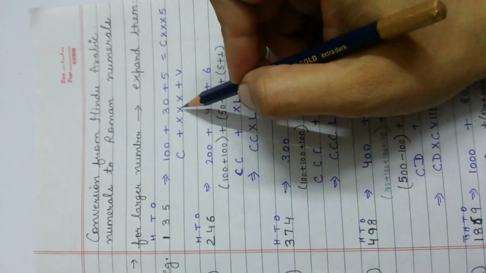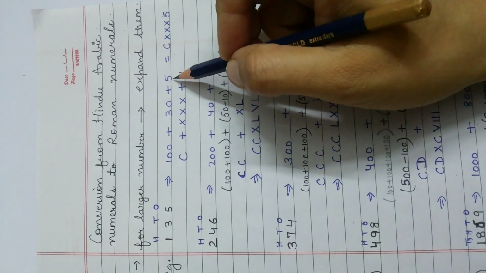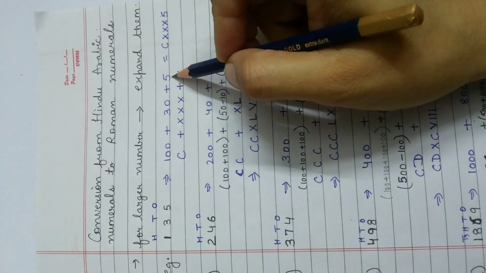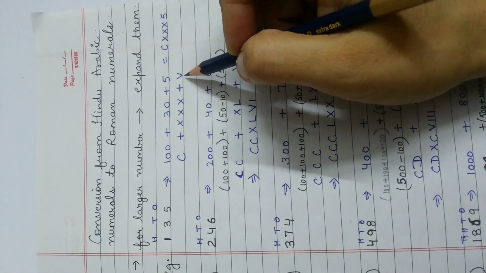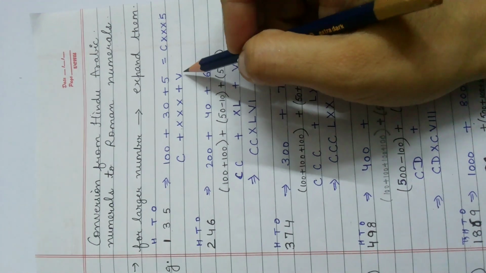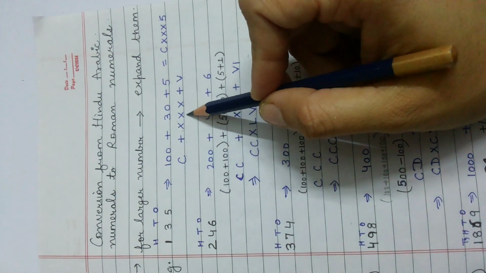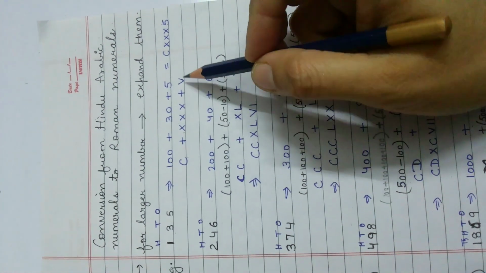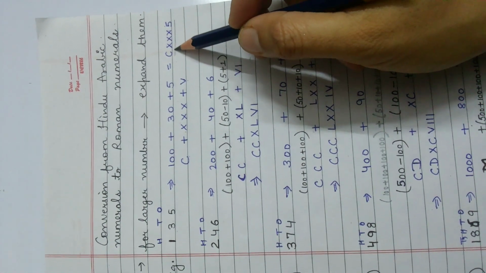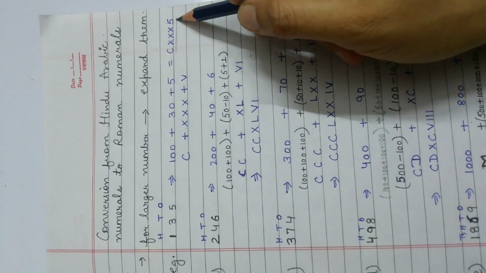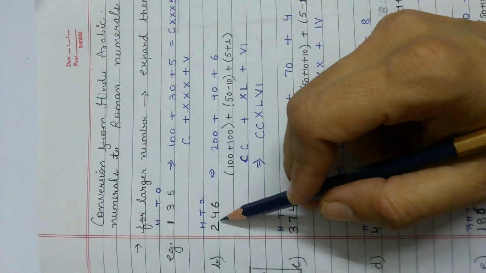So I've got X, X, X. Now this is 5. Do I have the symbol for 5? Yes, it is V. Now let's put it together. It becomes C, X, X, X, V. So this becomes my Roman numeral for 135.